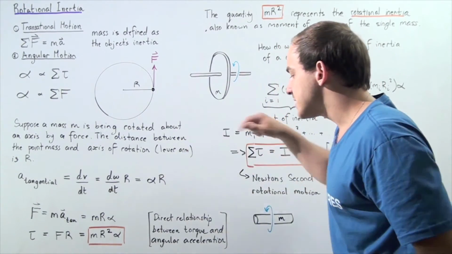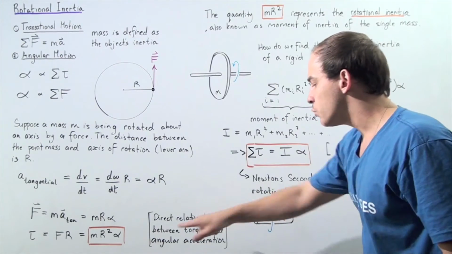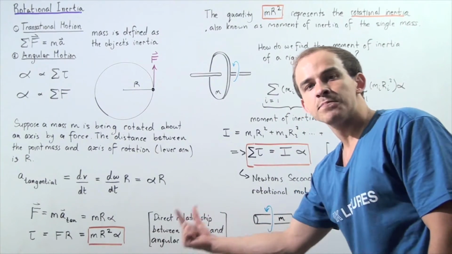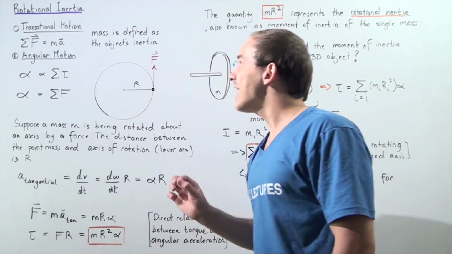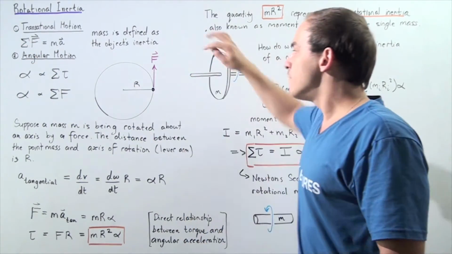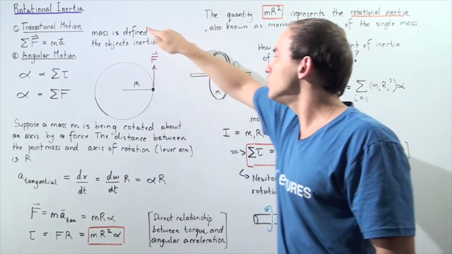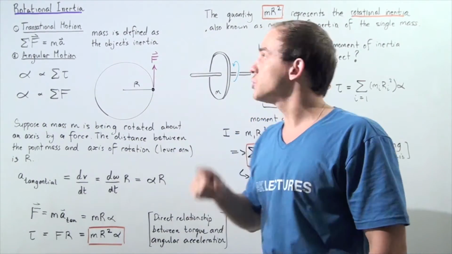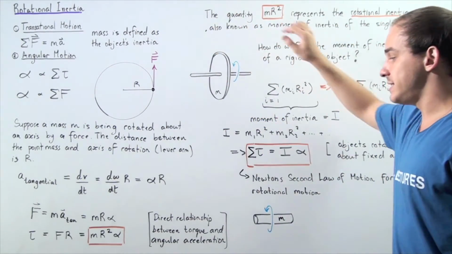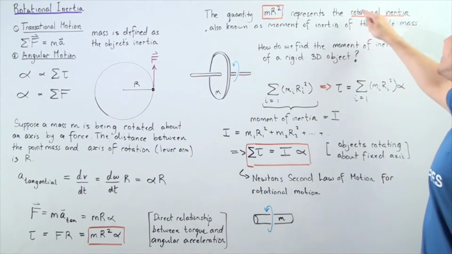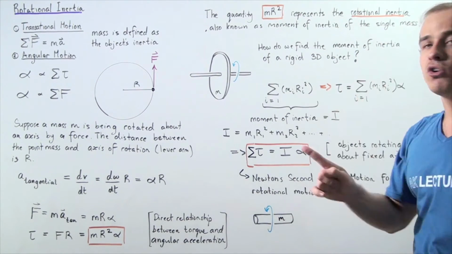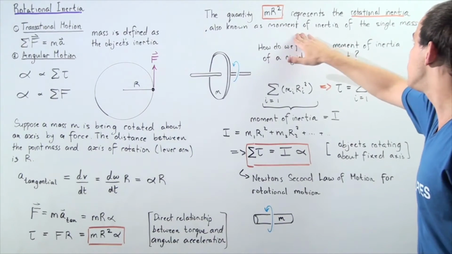So this gives us a direct relationship between the torque and the angular acceleration. This formula is analogous to this formula for a point particle undergoing rotational motion. The quantity mr squared, once again, represents rotational inertia, which is also known as the moment of inertia of that single mass.